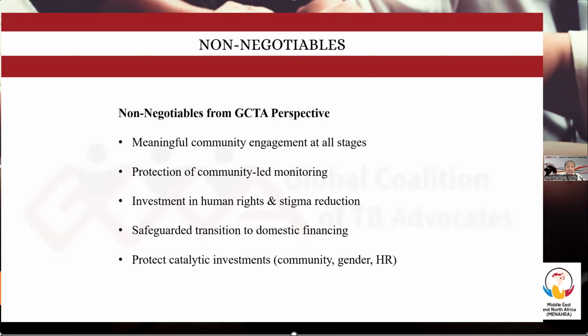Finally, what we're trying to say is that access must remain central. For example, diagnostics must be available where people are, and when we're talking about this, we're also including people living with HIV, because of point of care.